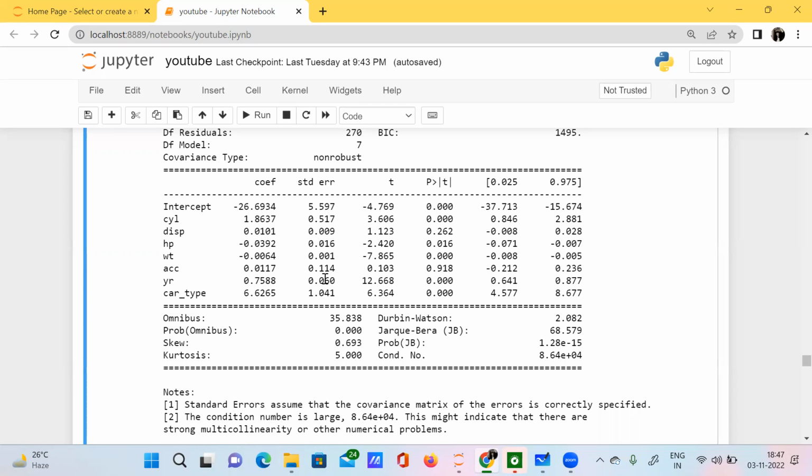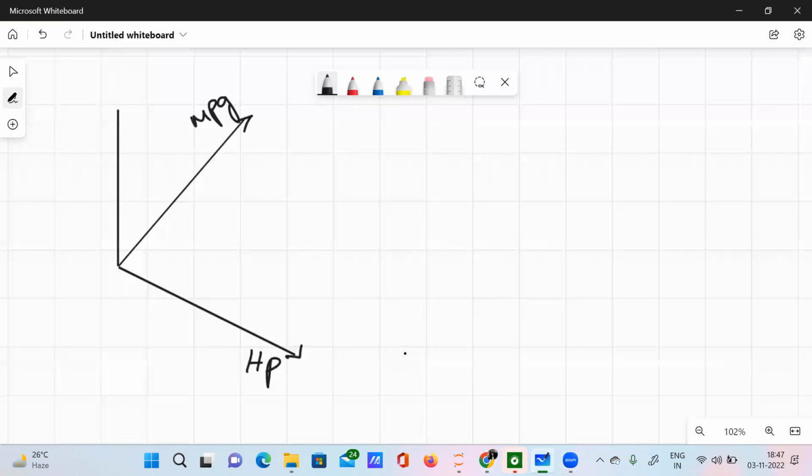Miles per gallon increases. So this is a strong negative correlation. See here, if I want to plot this on a graph, how can I plot the negative correlation? The data points would be like this.